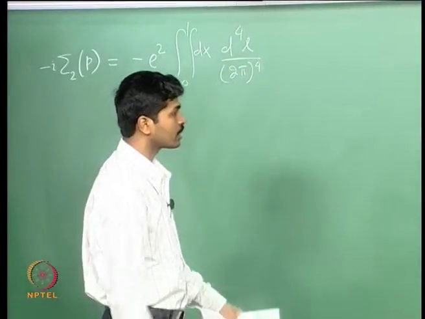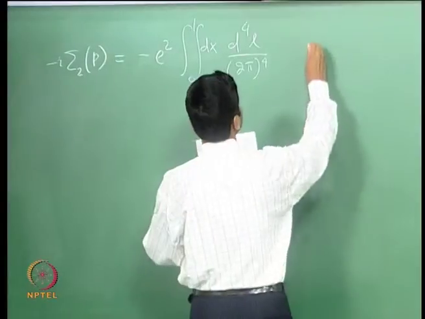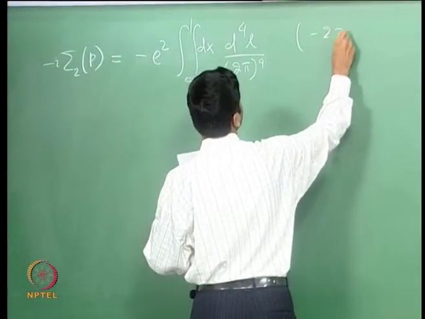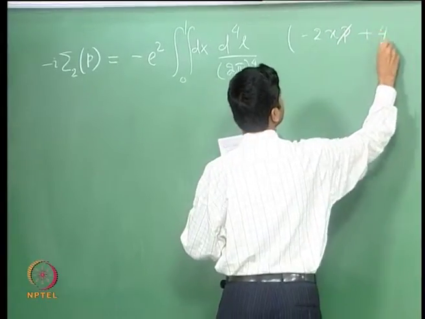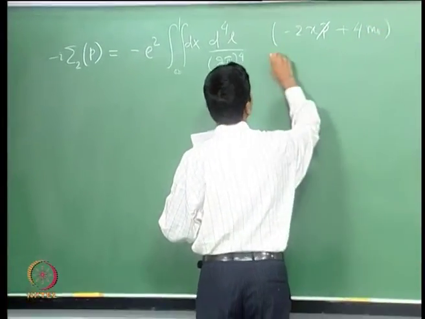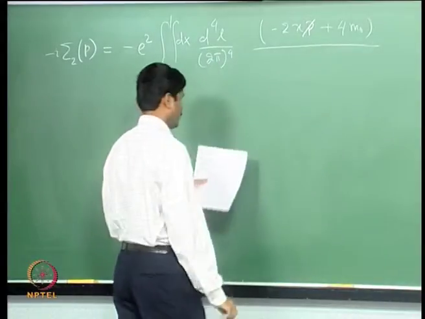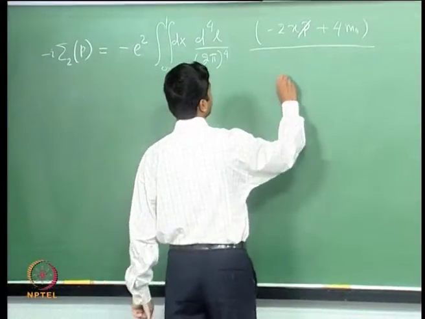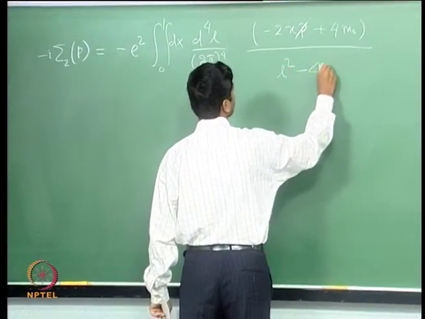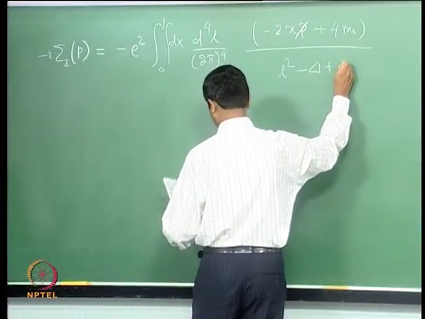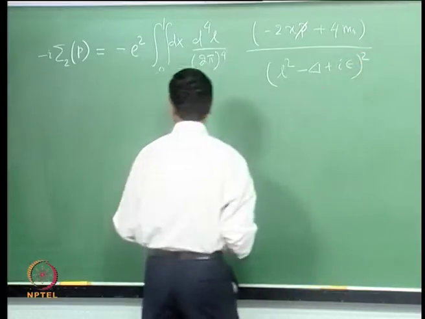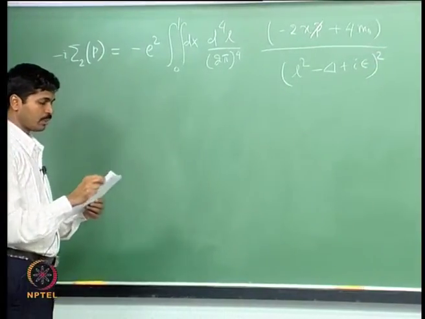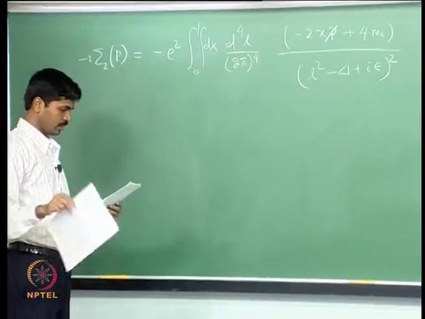Then in the numerator we have minus 2 x p slash plus 4 m 0, and in the denominator we have (L square minus delta plus i epsilon) square. This is what we have from the loop.